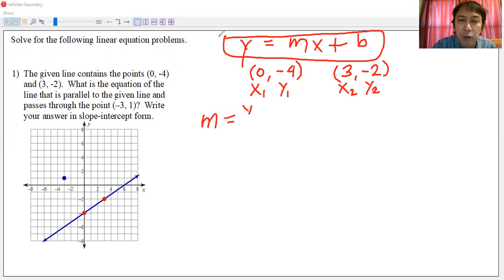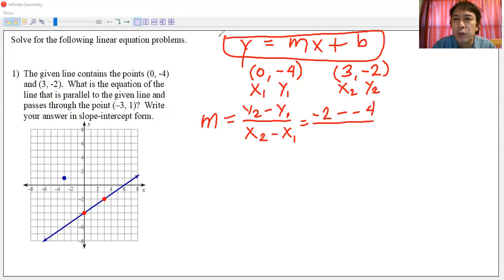So we can use the slope formula, y2 minus y1 over x2 minus x1. So y2 is -2 minus y1, which is -4, divided by x2, which is 3, minus x1, which is 0.